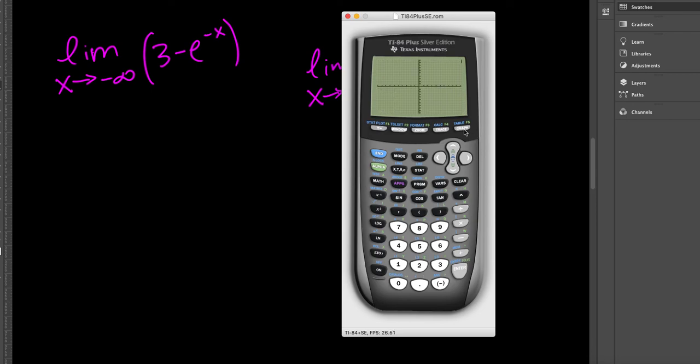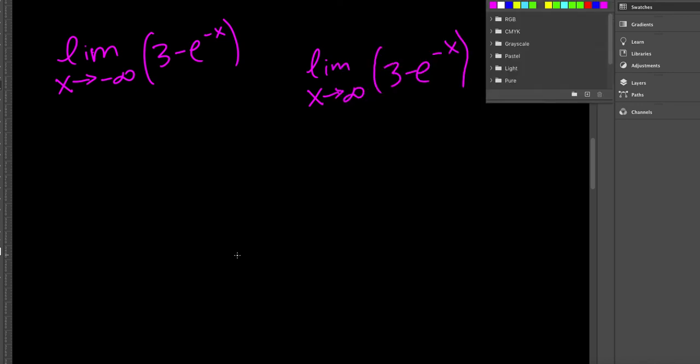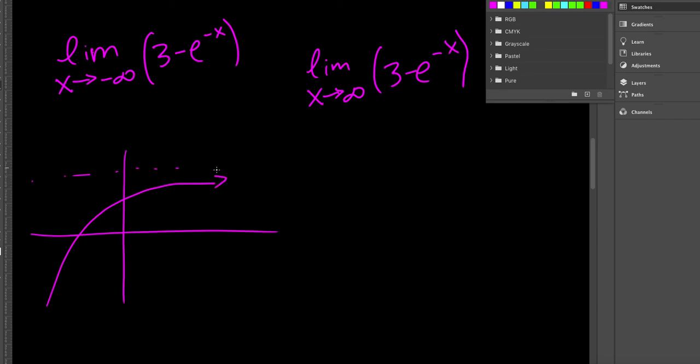So we graph that. Okay, we see there's a horizontal asymptote. From the equation, we know that's going to be 3 because it's just shifting it up 3. It's normally at 0. And so if we just sketch this, you can see we have something like this with a horizontal asymptote at 3.